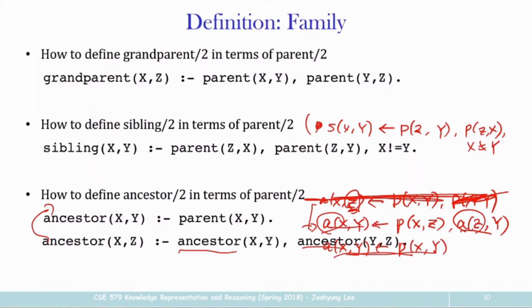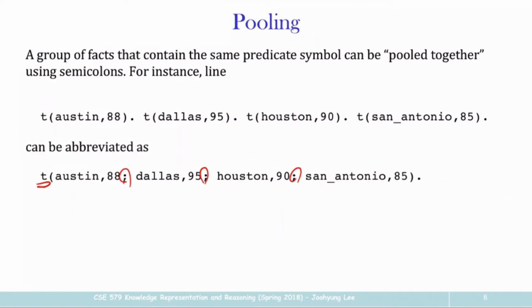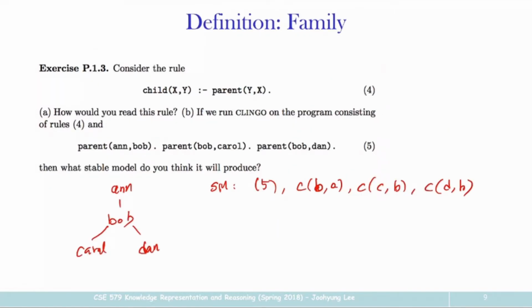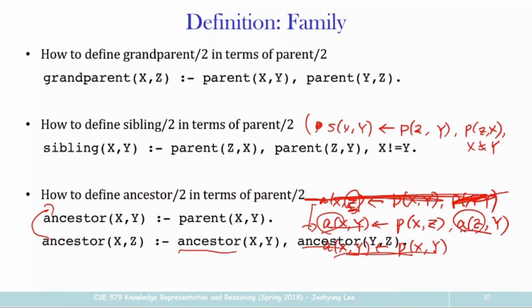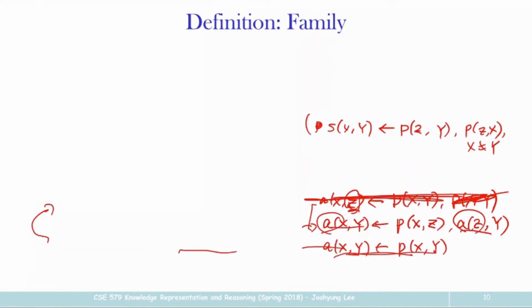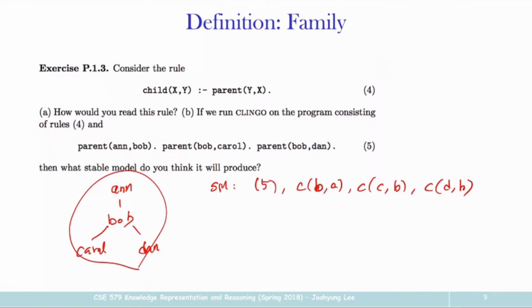Then can you imagine what we will get with respect to the previous one? So we had this family relation, and if we add all these things, who are the siblings? So let's go back. Who are the siblings here? Carol and Dan, right? And how many ancestor relations do we have?